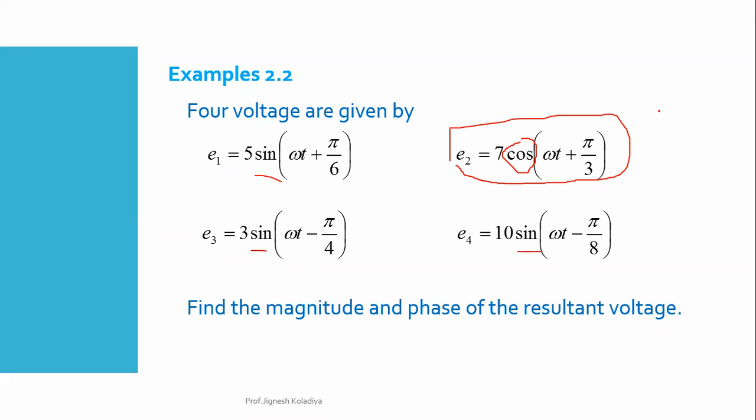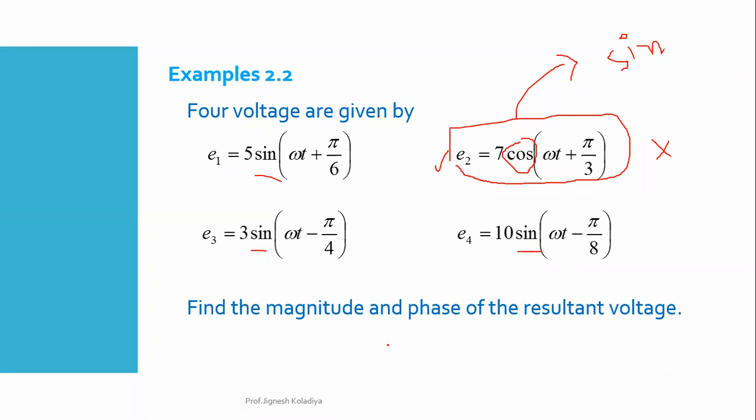So you cannot directly draw E2 as it is. First of all, you have to convert this cosine into sine. If all vectors are given in sine form, there is no problem. But if any vector is given in cosine form, first convert this cos into sine. Getting? So in this case, my first step will be conversion of cosine into sine for the E2 vector.